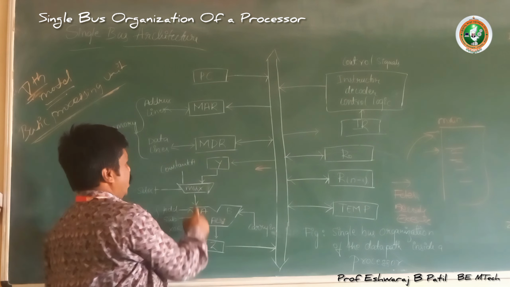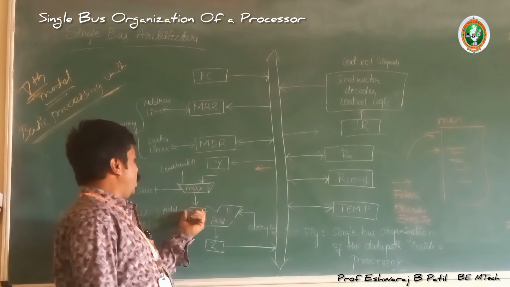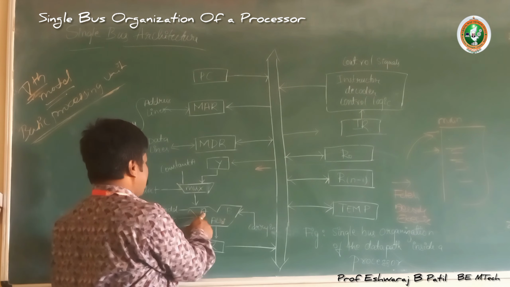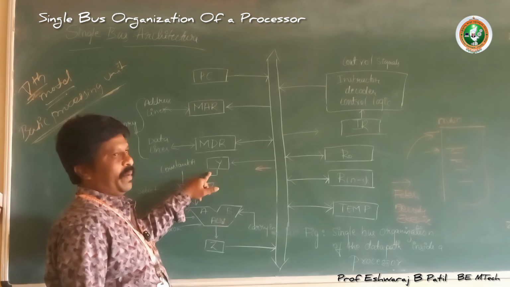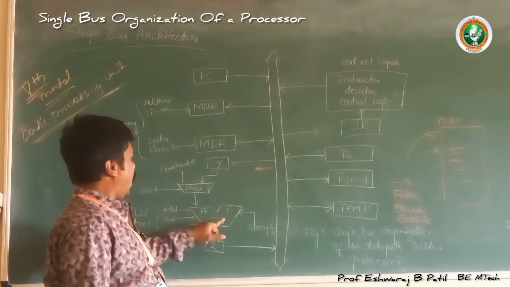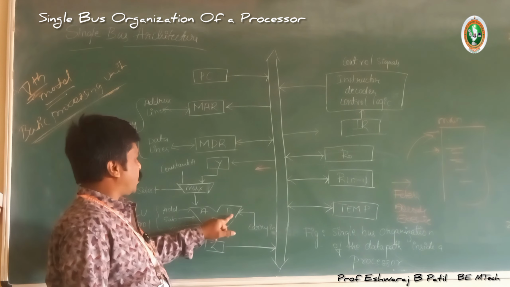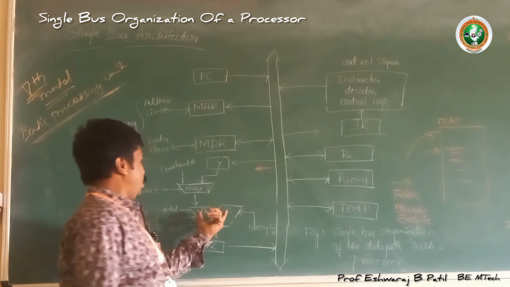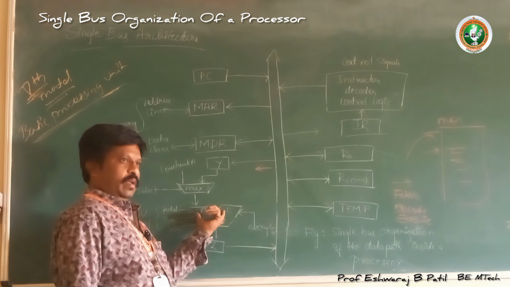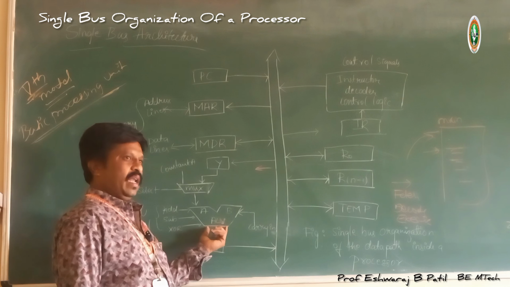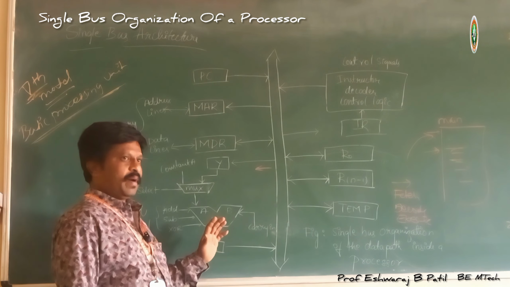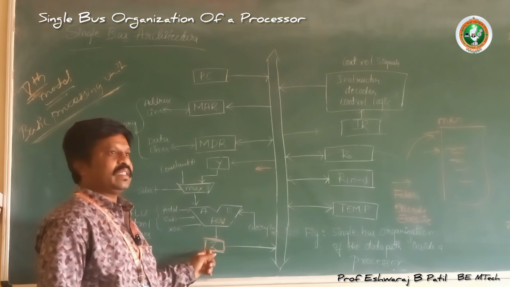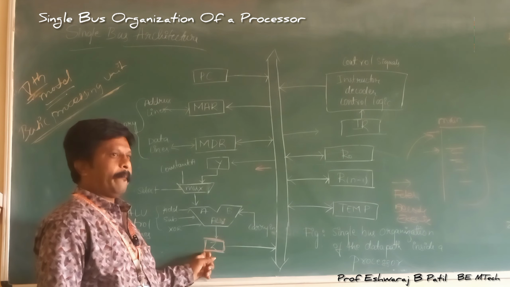A and the constant go to a mux, with many inputs and only one output, which is selected. One input comes from the temporary register or mux, and another comes from B. These two operands are taken by the ALU, which does arithmetic and logical operations, and then the output is stored in the Z register.